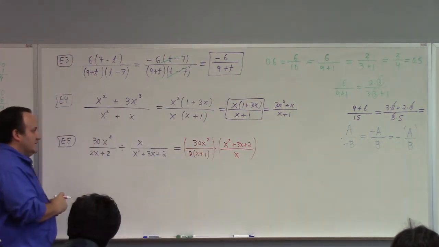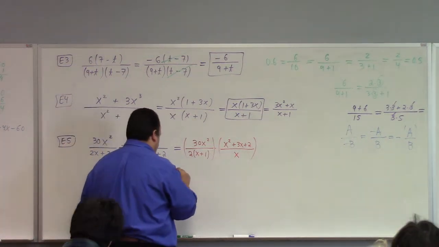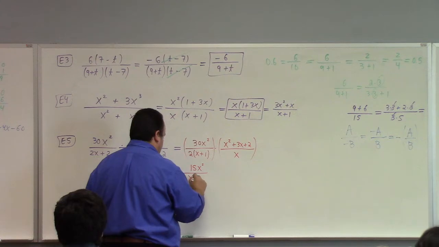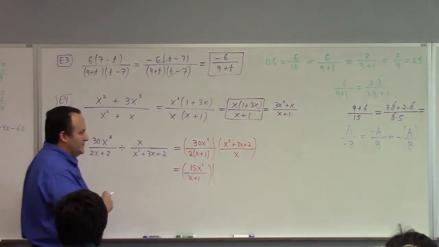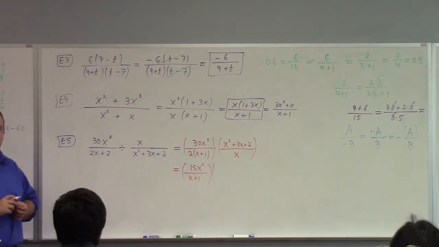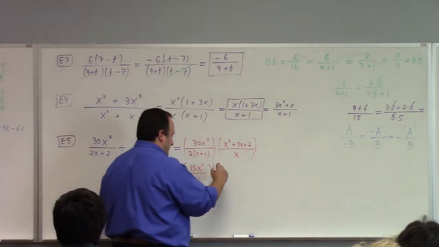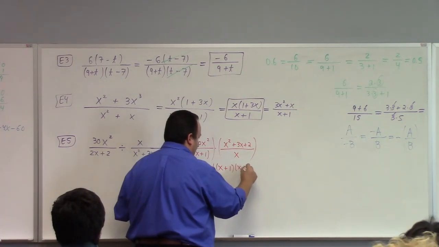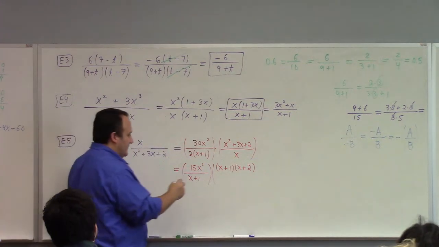Now we can do some things like, 30 over 2, that's 15. So we have 15x squared over x plus 1. And x squared plus 3x plus 2, that factors to what? I think that factors to x plus 1 times x plus 2, right? And then, of course, we still have division by x.